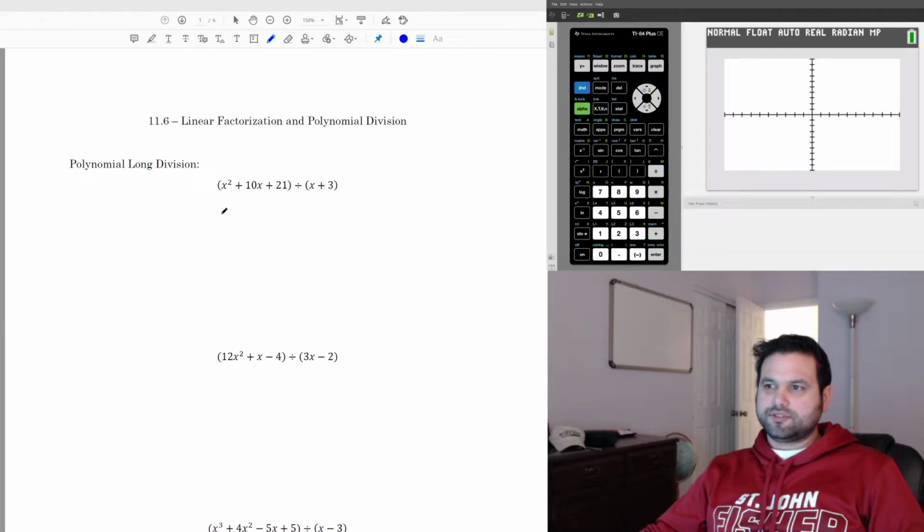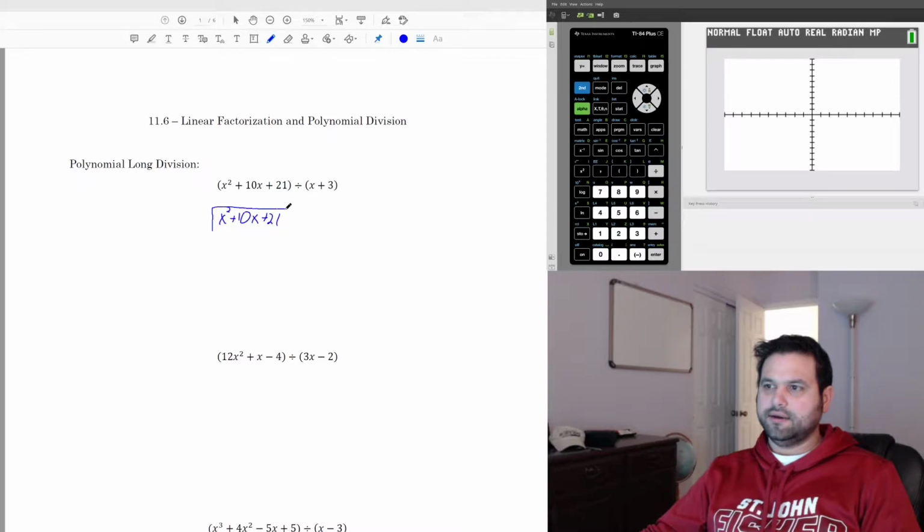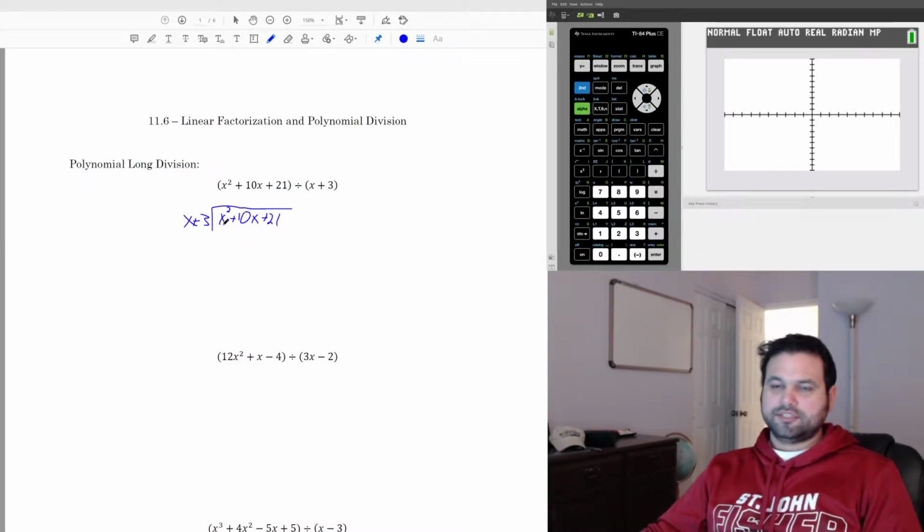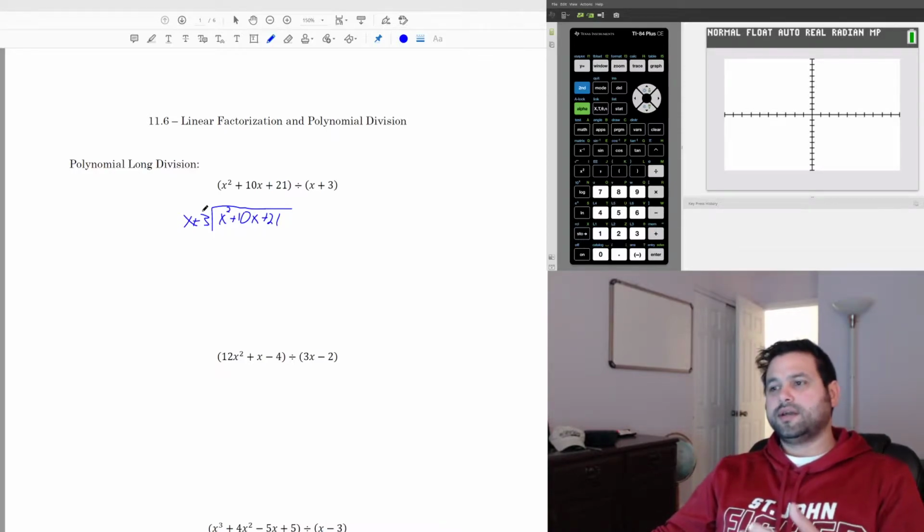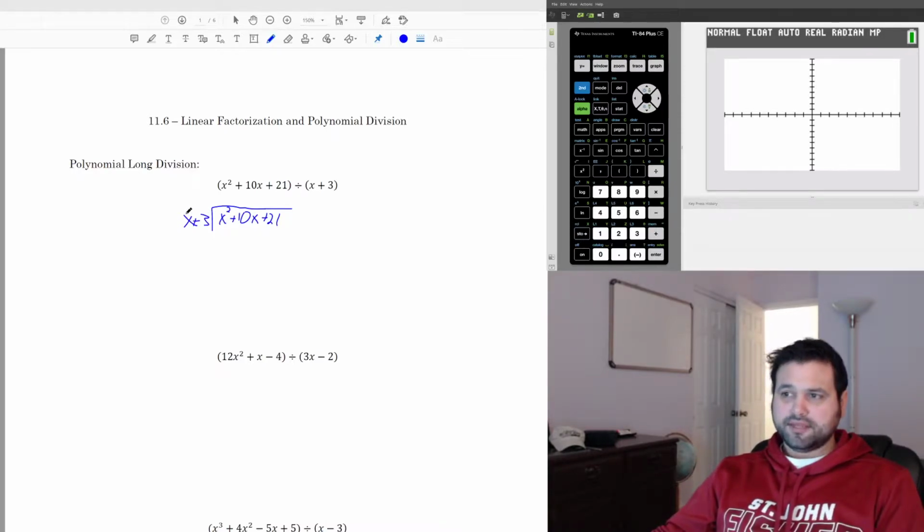So essentially what we want to do here is we want to kind of look at the variables and say, okay, well, how are we going to make this x into an x squared? Well, we would need to multiply it by x.